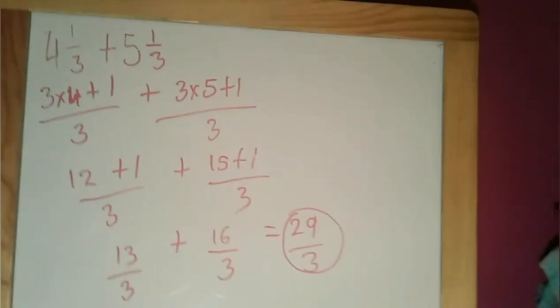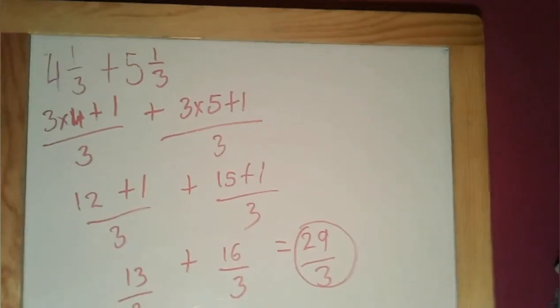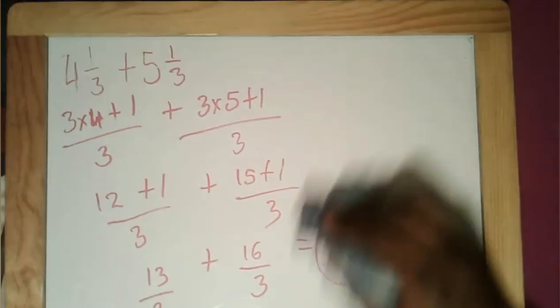And I think in fractions the answer must not be a decimal, it must be a fraction. No, it can be a decimal too. Because when you change a decimal it becomes a fraction, and when you change a fraction it can become a decimal. So it can be possible, but I don't know how.